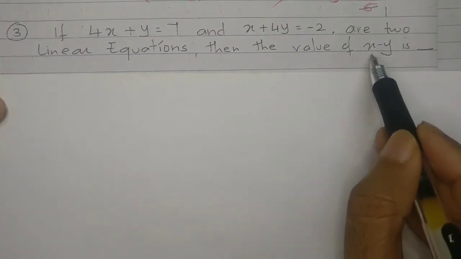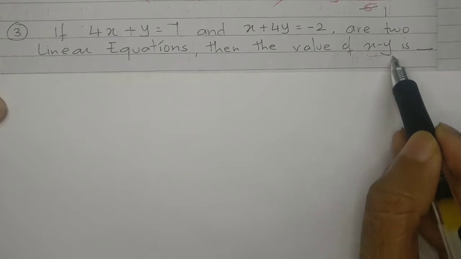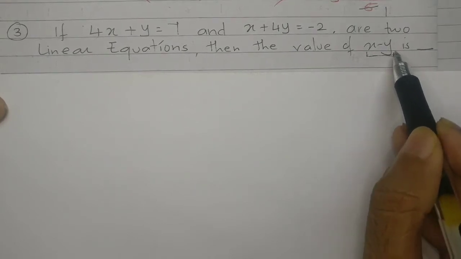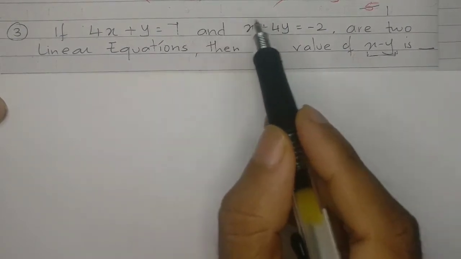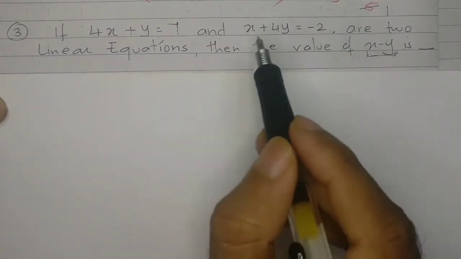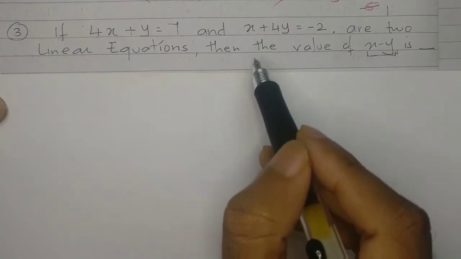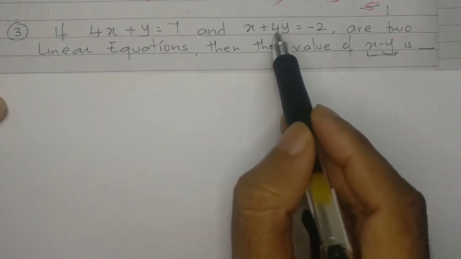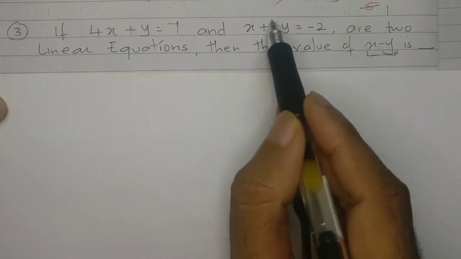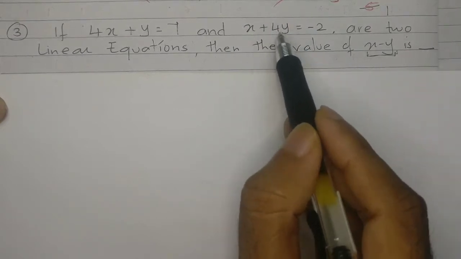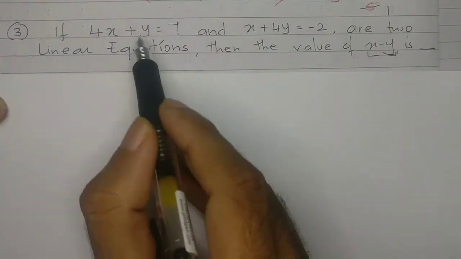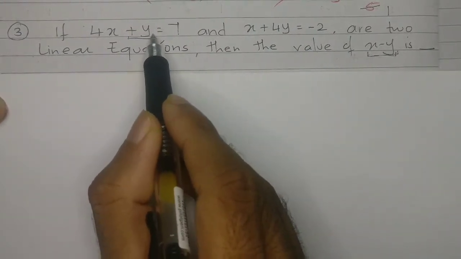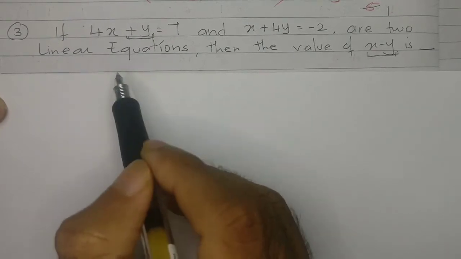Now, whenever you are asked to find out x minus y, you need to keep in mind that you can write whichever equation you want first, but the second equation which you are writing, make sure that this y term is greater than the first one you're writing.